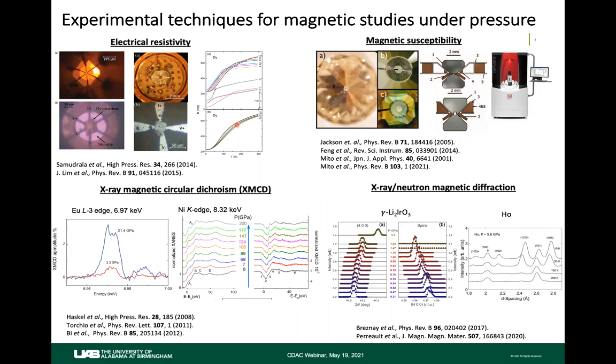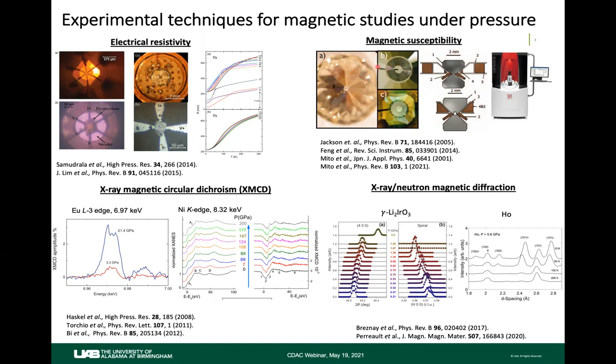Here is an example of the studies of magnetism in dysprosium under pressure done in Jim's lab, up to 120 GPa. And another technique is the magnetic susceptibility technique. So that's a direct way of probing the magnetization in the material. In this case, because the sample is typically very small, using the traditional coil placed outside the diamond cell, it's extremely difficult to probe the magnetic transition because of the very small filling fraction.